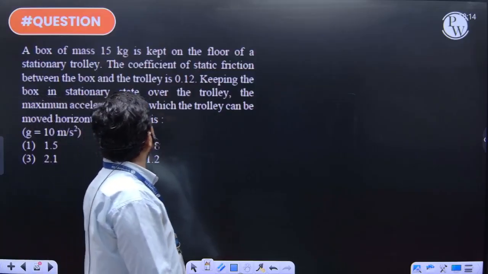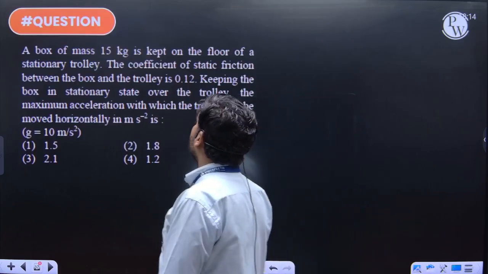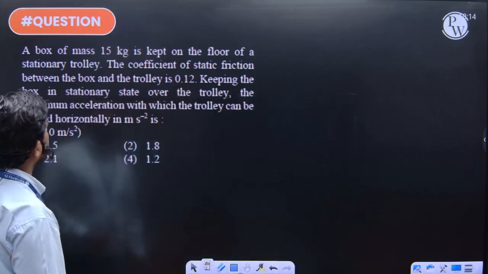A box of mass 1.5 kg is kept on the floor of a stationary trolley. The coefficient of static friction between the box and the trolley is 0.12.